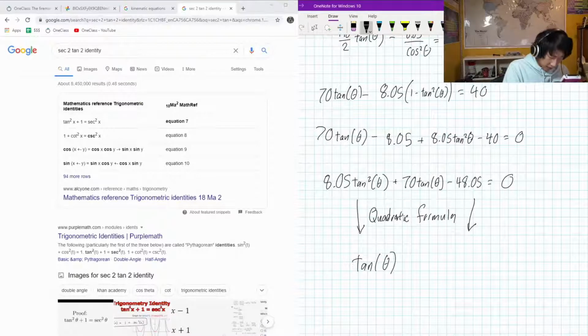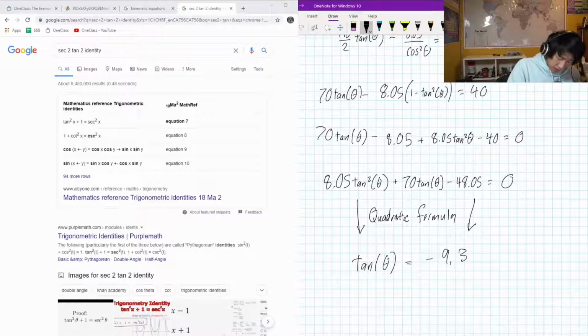Okay, so my A term is 8.05, my B term is 70, and my C term is negative 48.05. And solving for this, I get tan theta is equal to either negative 9.33, or we also get tan theta is equal to 0.0639.